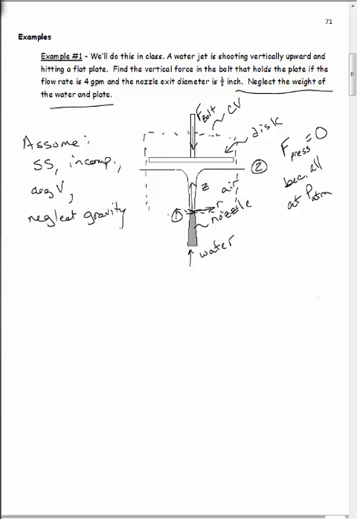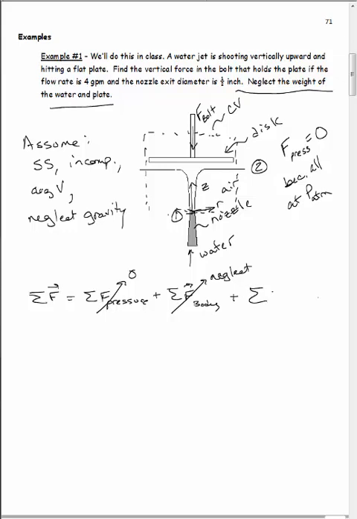Okay, so again, our sum of forces equation, our conservation of linear momentum, is going to be the sum of our pressure forces, we have none, so that's going to be 0, plus the sum of what we're calling body forces or gravity forces, and since we're neglecting gravity, 0. You can't always neglect gravity.